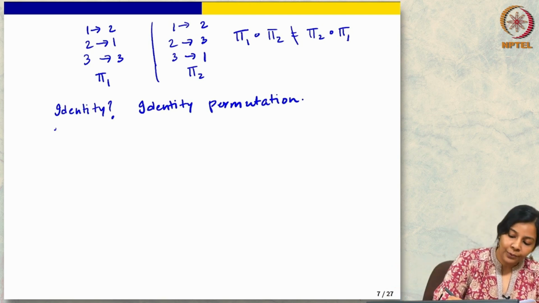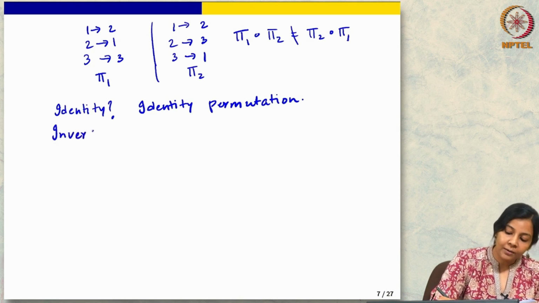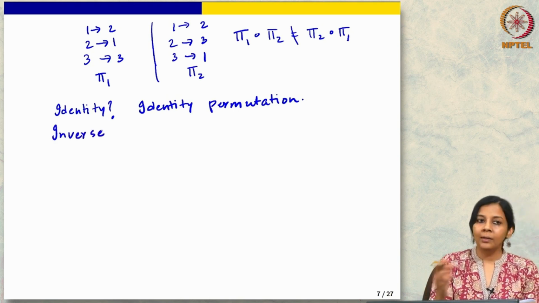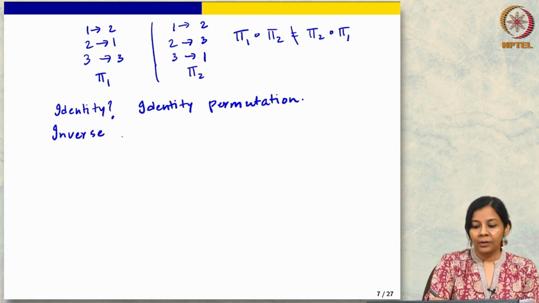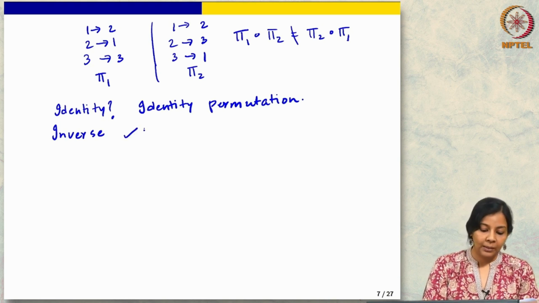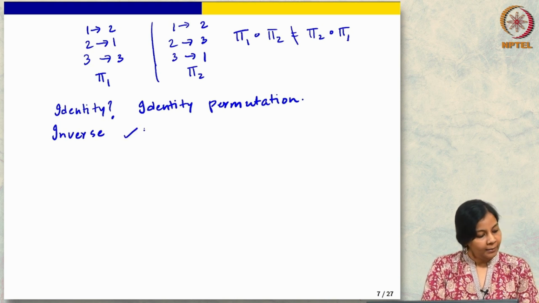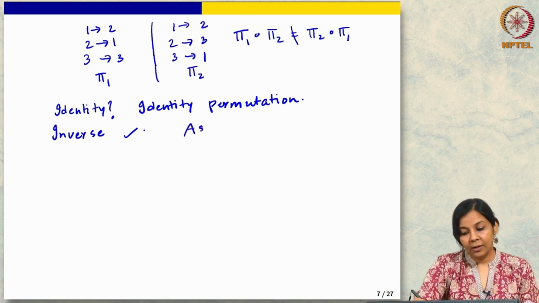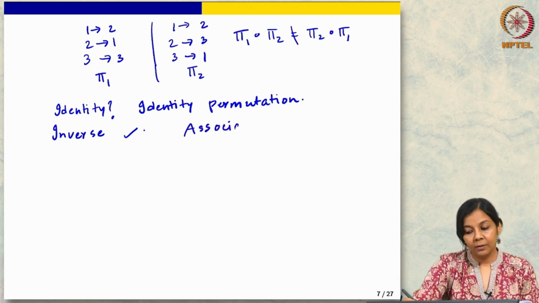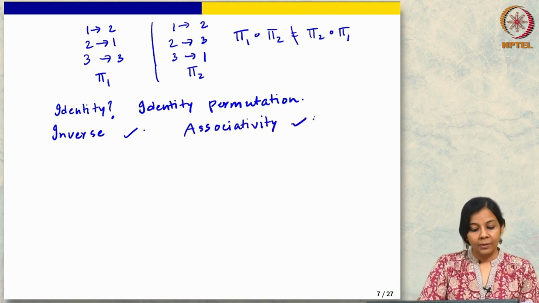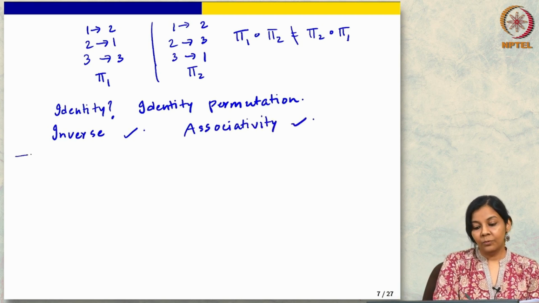Sure. So for every permutation you can invert it. So that also gives you an inverse. And yeah, you can also check associativity. Okay, so this is one group.